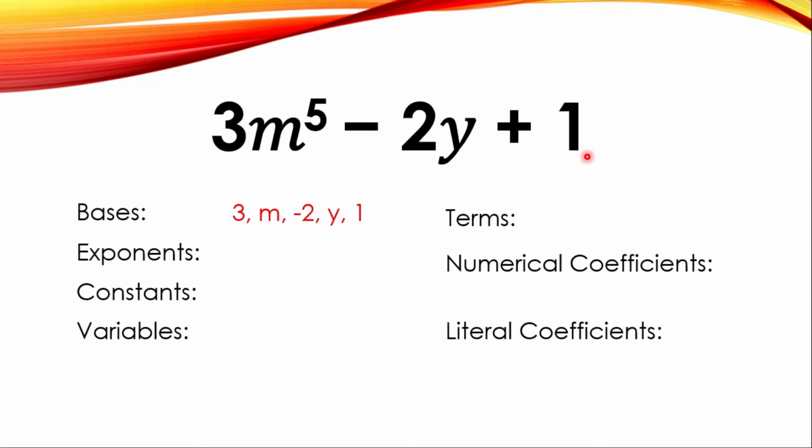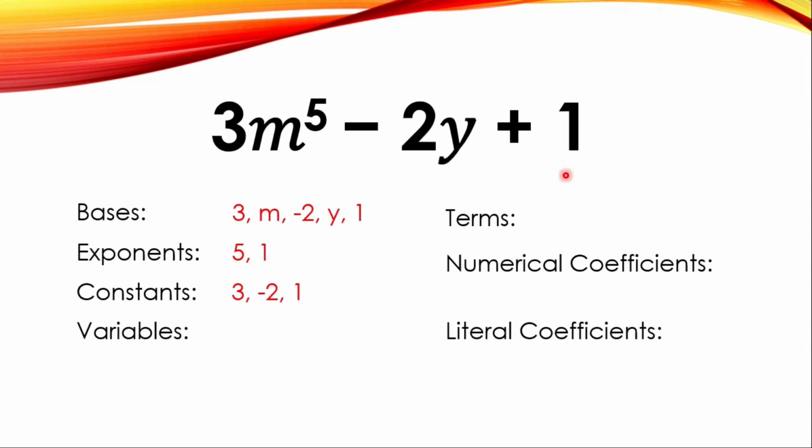And then exponents, those numbers written on top. So we have 5 and 1. Kasi yung variable dito, walang nakasulat, so automatic na 1. Constants, ito yung mga number na naka-fix. So we have 3, ito, fix itong 3 na to, fix din yung negative 2, at fix din yung 1.